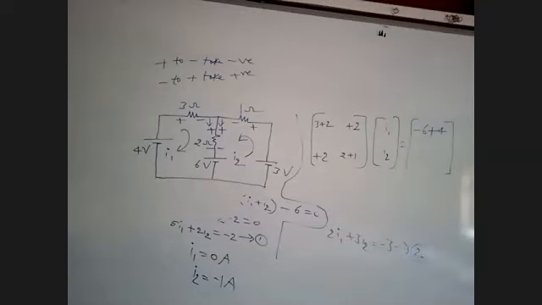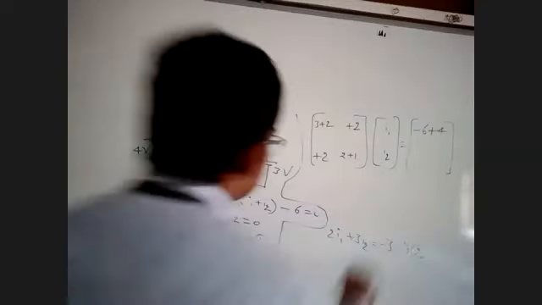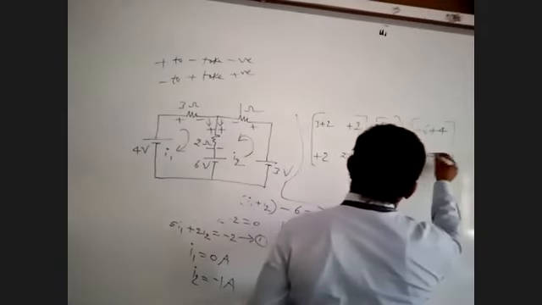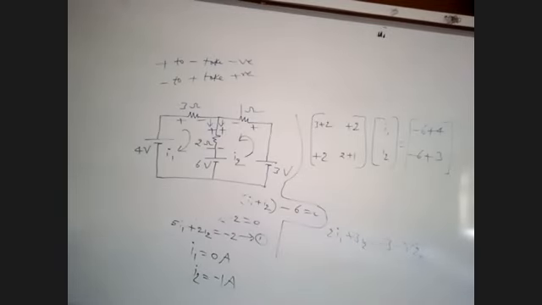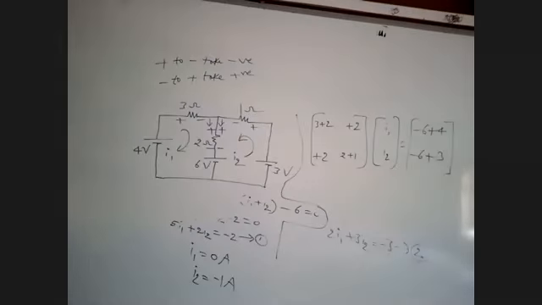In the second loop, we are having 3 and 6. I2 is flowing from + to - in the 6 volts, that's why -6. I2 is flowing from - to + in the 3 volts, that is +3. We have completed the voltage sources now.